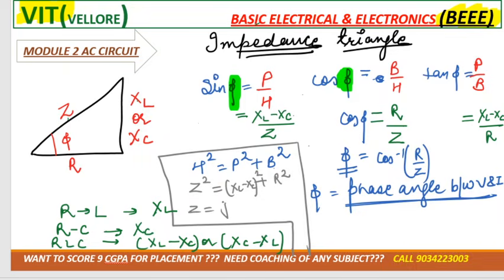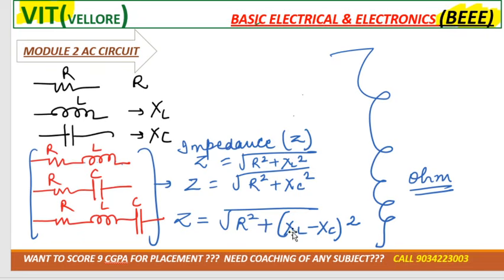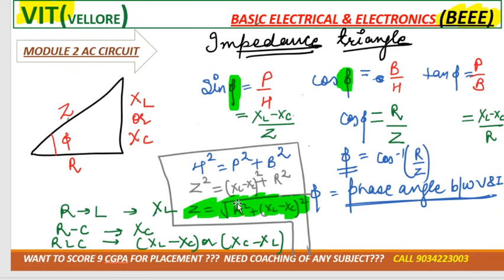So Z is equal to root of R square plus (XL minus XC) whole square. So see, we got the same formula which we got earlier. I told you directly, but now you know how this formula comes, right? Any doubt up to here?